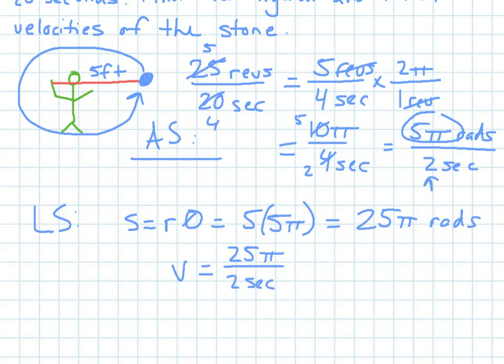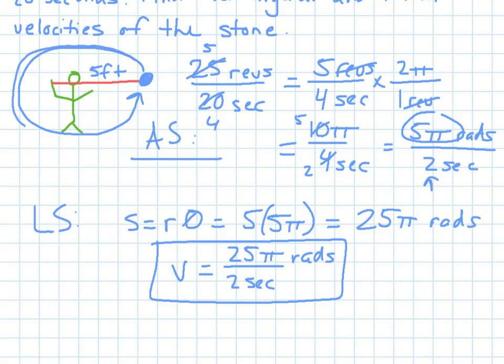So the angular speed, it rotates 5 pi radians, so that's 2.5 times around the circle in 2 seconds, okay, for your angle. For your linear speed, it rotates 25 pi radians around the circle, so that is 12.5 times on the line of the circle, so this line back here, so on top of the circle, in 2 seconds.